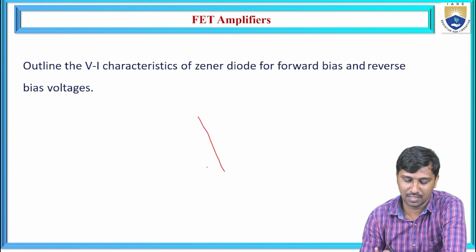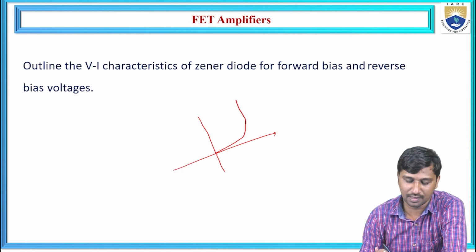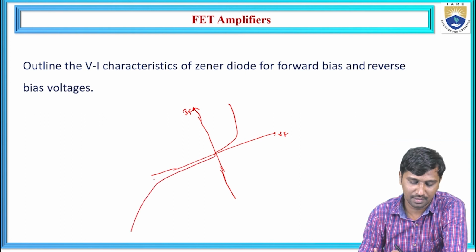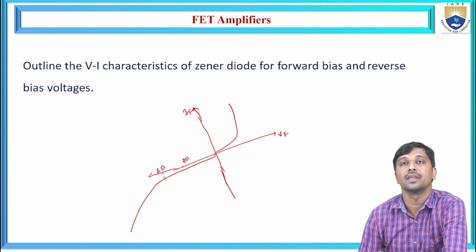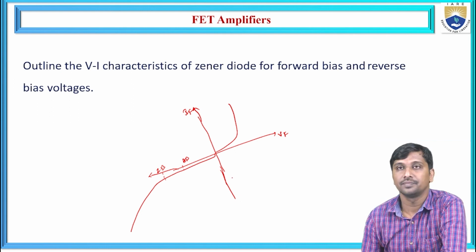Here we know that under forward bias, it normally looks like PN junction diode characteristics, but it is specially designed for reverse bias. Let's take this as VF and IF. Under reverse bias it also allows conduction. After this, take the Zener breakdown and some avalanche breakdown. Then you can explain how this curve occurs.